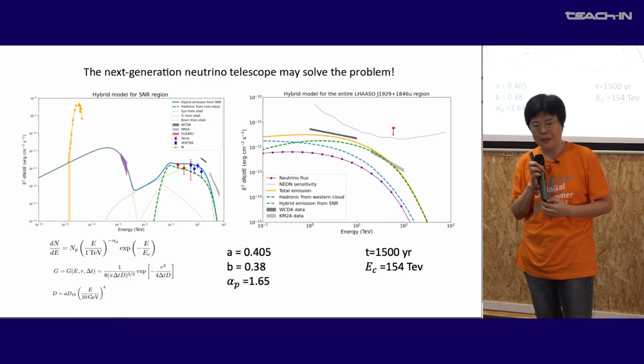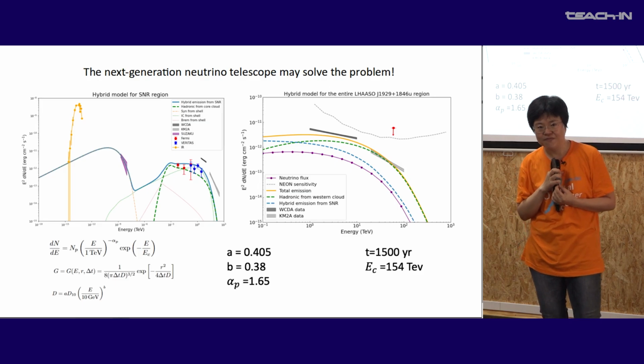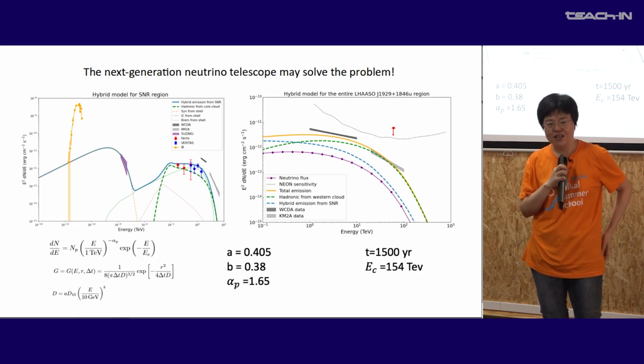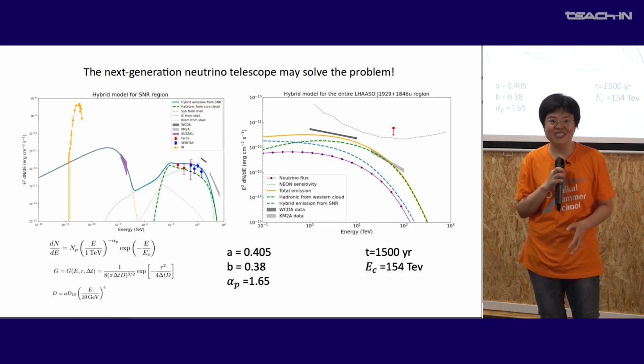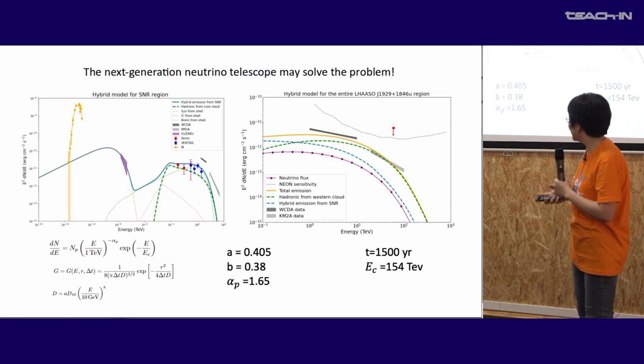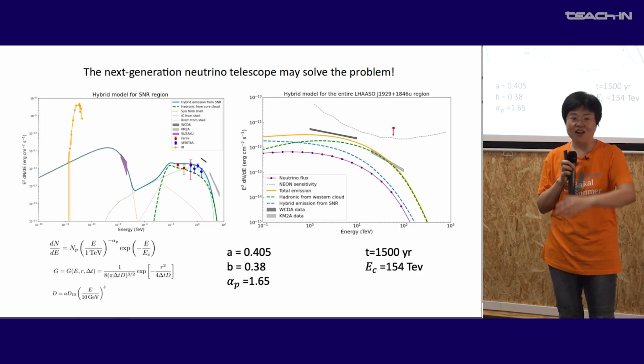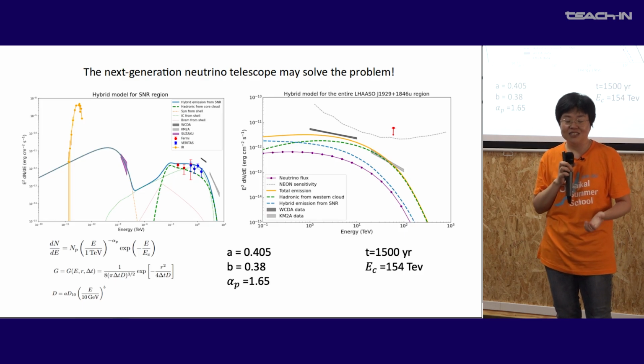All right, and the second question: you said that no more than about 10% of the diffuse flux is from the galactic plane. Where does the other flux come from? You mean the other 90%? Yeah. Okay, I'll talk about that tomorrow. We have a lot of sources in the extragalactic universe, like gamma ray bursts and AGN, right?